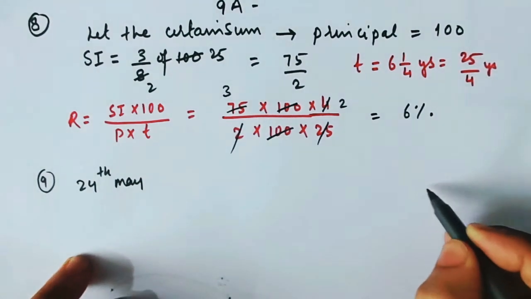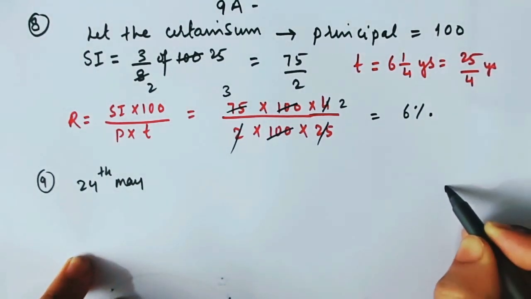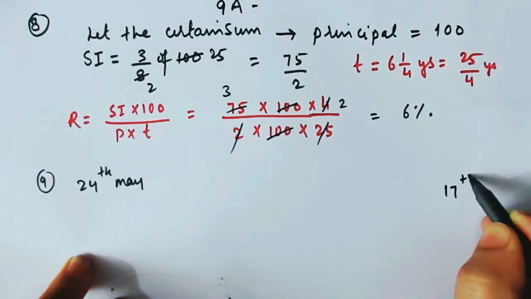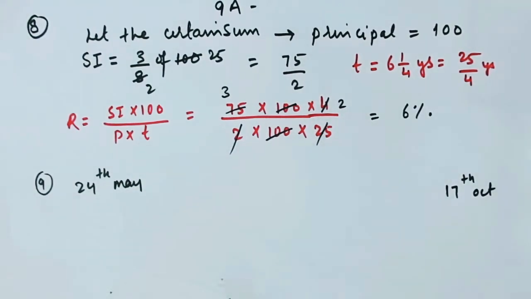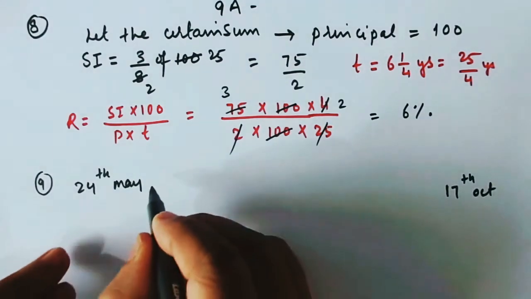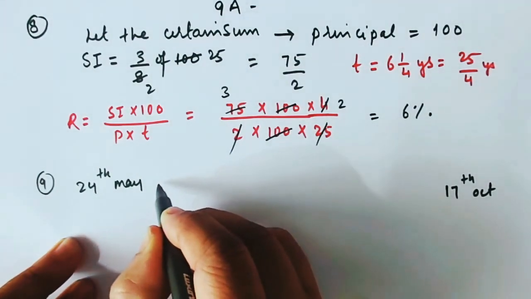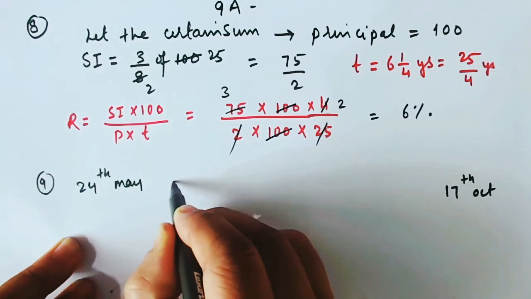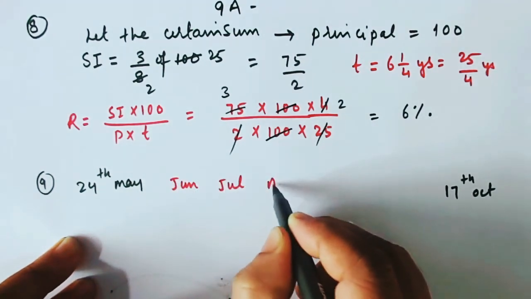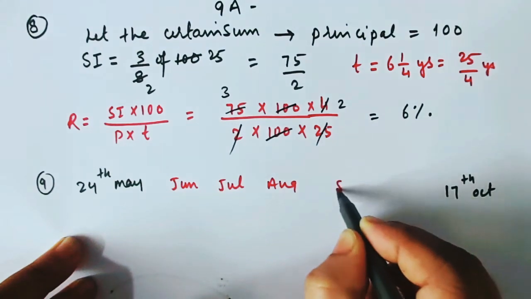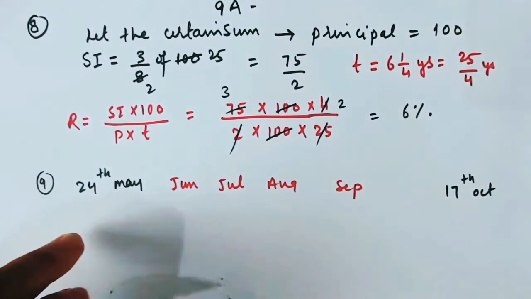So here they have given you 17 October as the last date. Very good. So what we have to do in the first instance is find out the time period in years. So here you have May, then June, July, August, September, and then October.